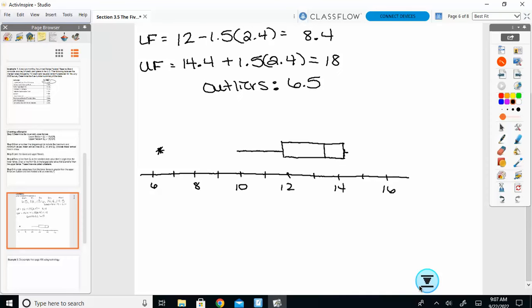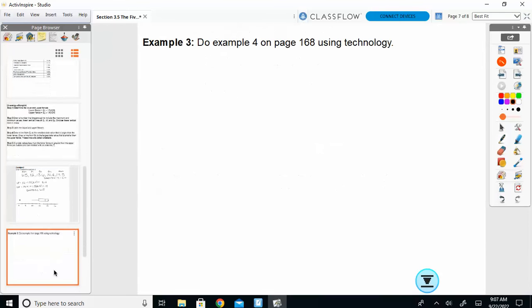All right. We can also make box plots on our calculators. So let's try one. If you want to grab your book. Oh, I didn't even tell you to bring your book today because I have a handout. Okay, hold on. Let me throw it up here. All right, we're going to do one on our calculator.